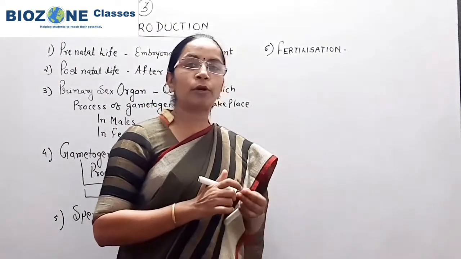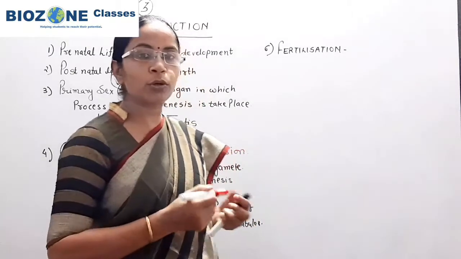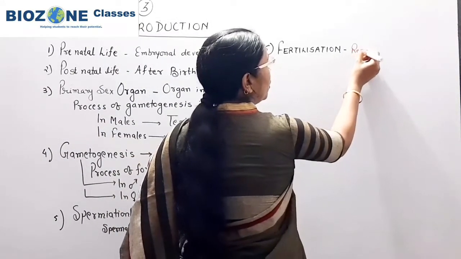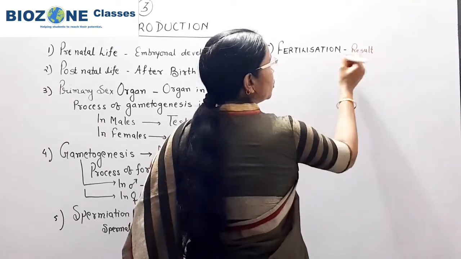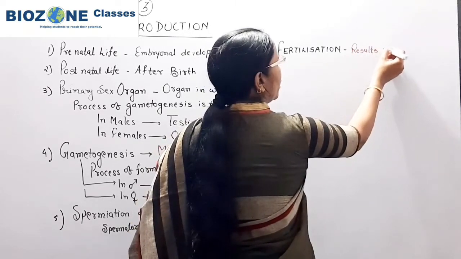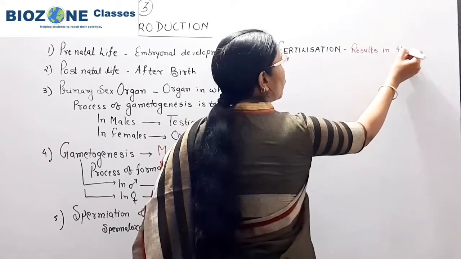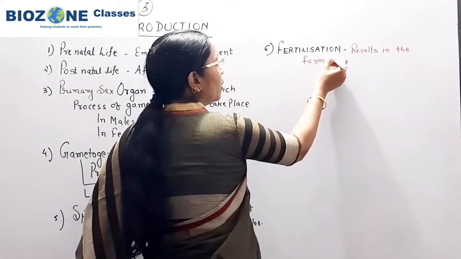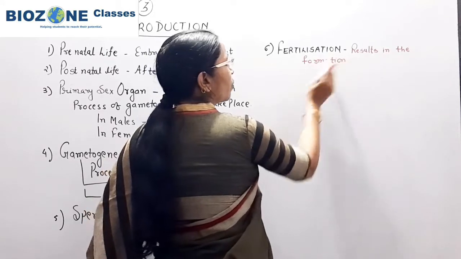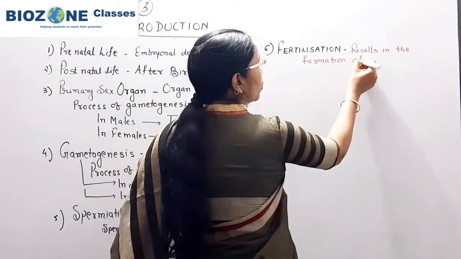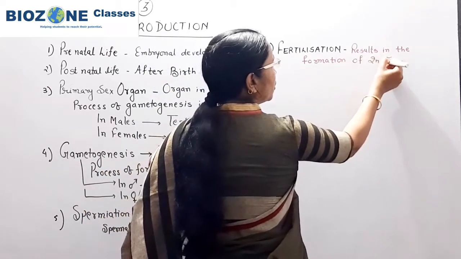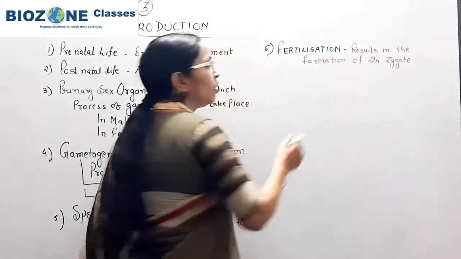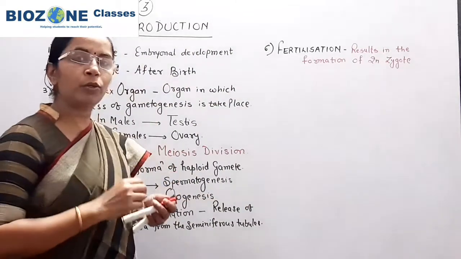Now what is the product of fertilization? This is also clear to all. The process of fertilization results in the formation of a diploid zygote. Now this zygote undergoes embryogenesis.